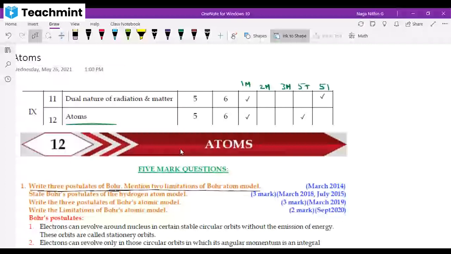This is 5 marks problem. So in this chapter, one 5 marks theory and one 1 mark question will come. Whereas in dual nature, you have to concentrate on the problems. In atoms, you have to concentrate on the theory questions and 1 mark questions. My guess, totally they will ask a 1 mark question on the spectral lines.